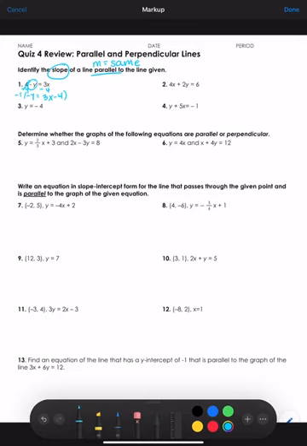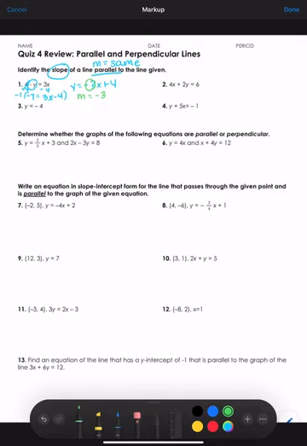When I multiply everything by negative 1, I'm just flipping the sign of everything. So this becomes y equals negative 3x plus 4. Now I can see that my slope is negative 3, so I'm going to write m equals negative 3.